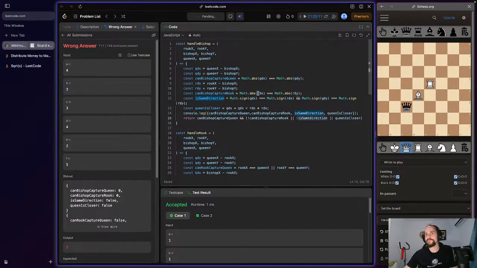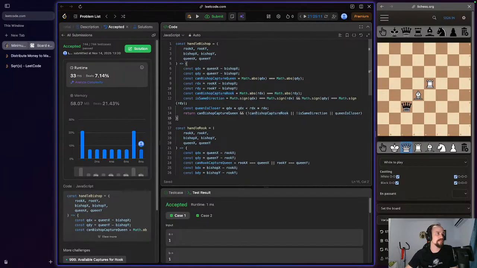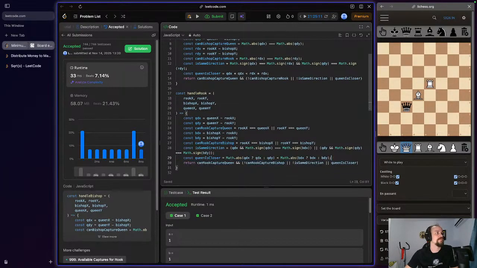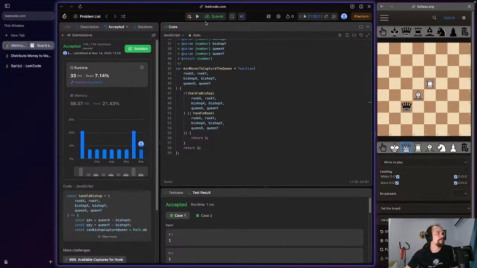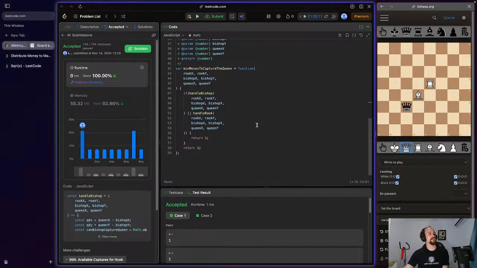Cool. Wow. We did it. Let's remove the console logs. Since console logs are slow, we'll submit it. Oh, killing it.